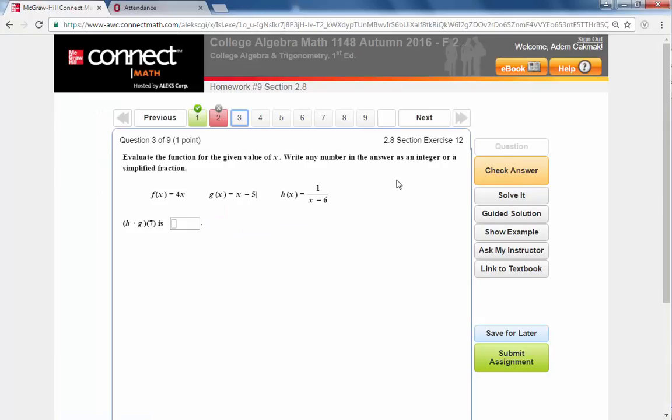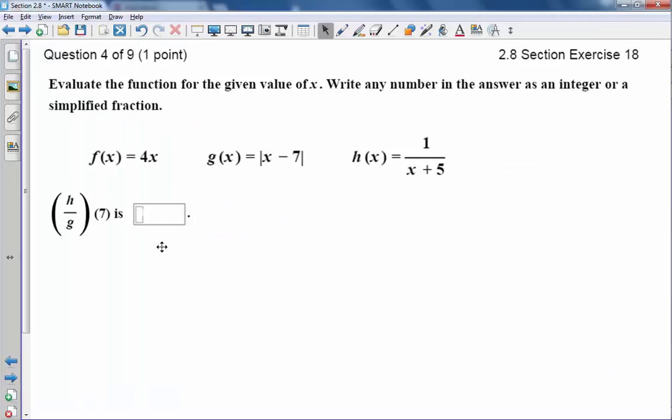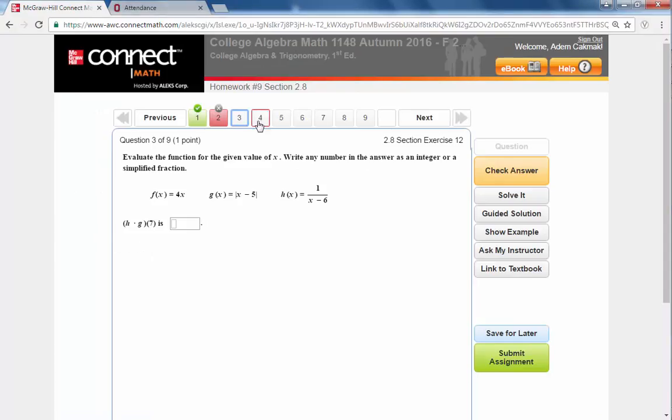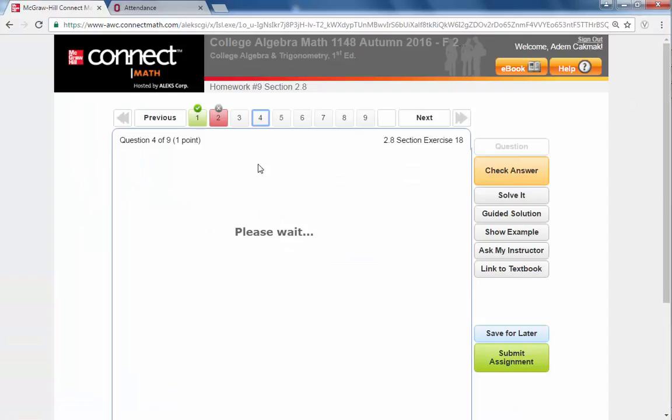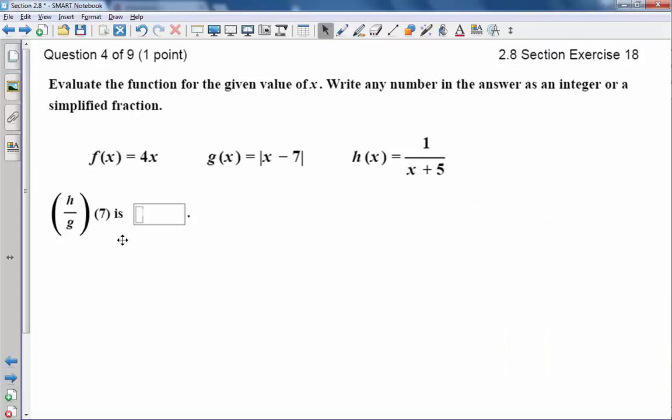Let me make sure it's the same thing. Yeah, 7. No, we are doing number 4. We're skipping 3, very similar. Number 4 has 5, so I'm going to make 5. This is 5. Alright, you know what to do.